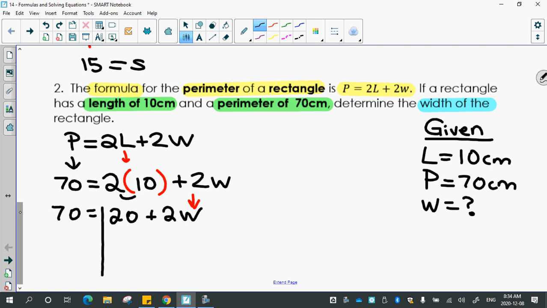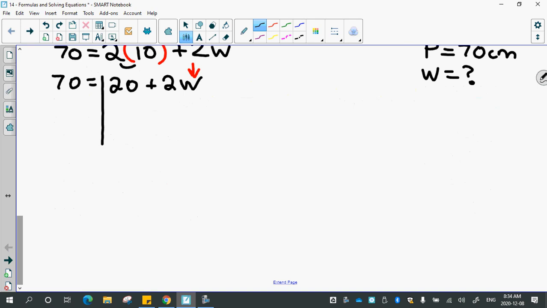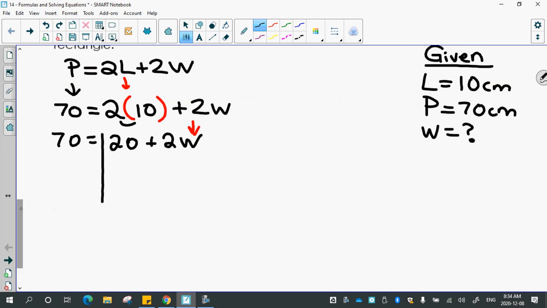So what would you do to both sides first, once you get to that stage? Width by itself. So this is a side with width on it, so my choices are subtracting 20 or dividing by 2. Who knows which one I would do? Yep, subtract 20, good.